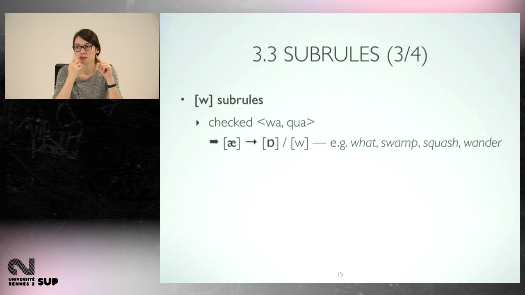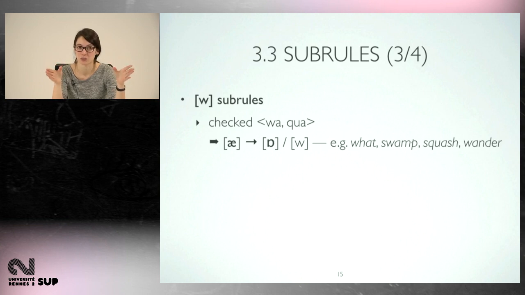And this round feature of the W sound influences the pronunciation of the A vowel, which is rounded into O. A, O. And that's why words like what, swamp, squash, wonder have special pronunciations. You do not say them with a in English.